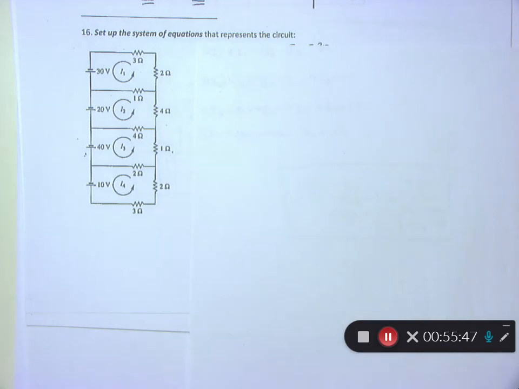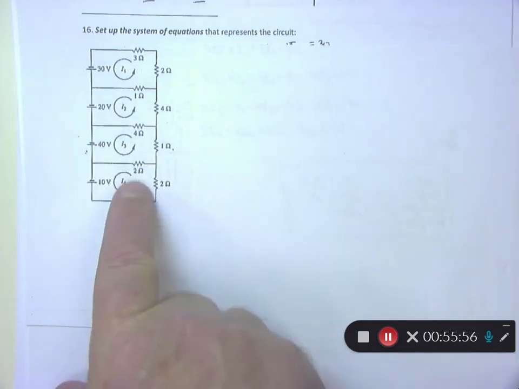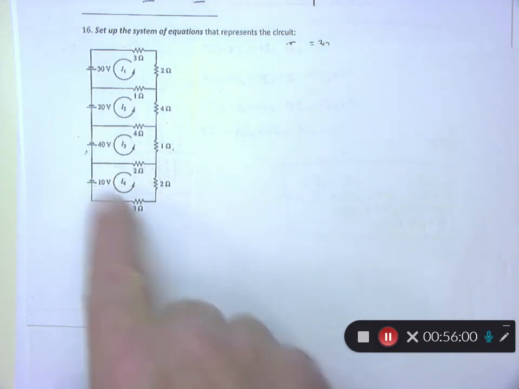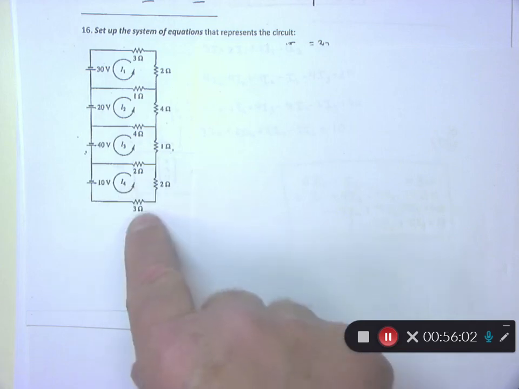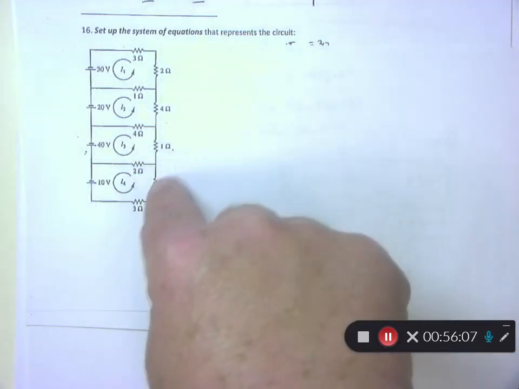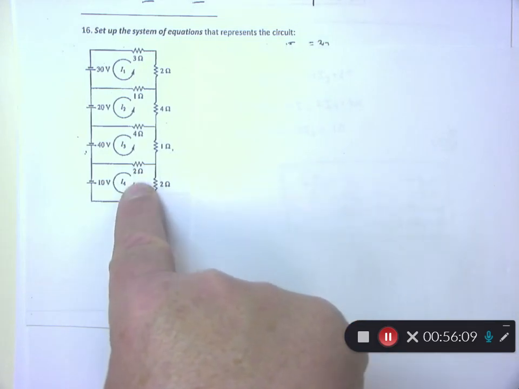So, do you have the system equations of this guy? All right. So what do I got here? I4 is going across from negative to positive, so it's going to be a positive 10, so it's equal to 10. I4, what's the resistance? You're going 3I4 plus 2I4 plus 2I4. 2 plus 2 plus 3 is 7. That's 7I4.